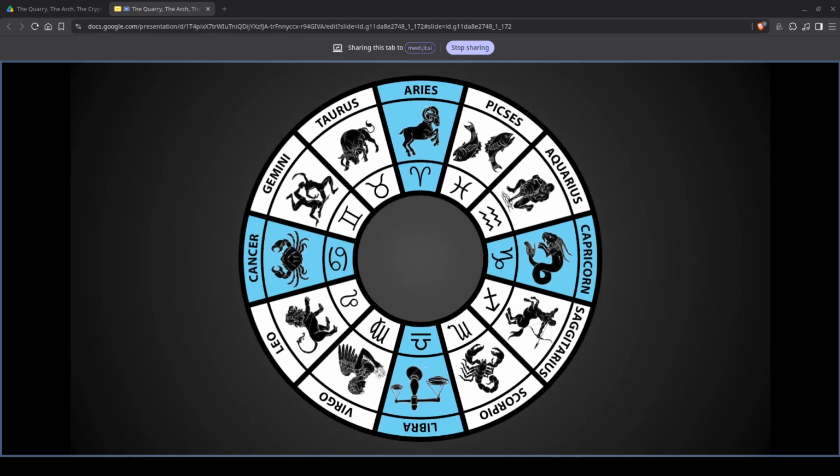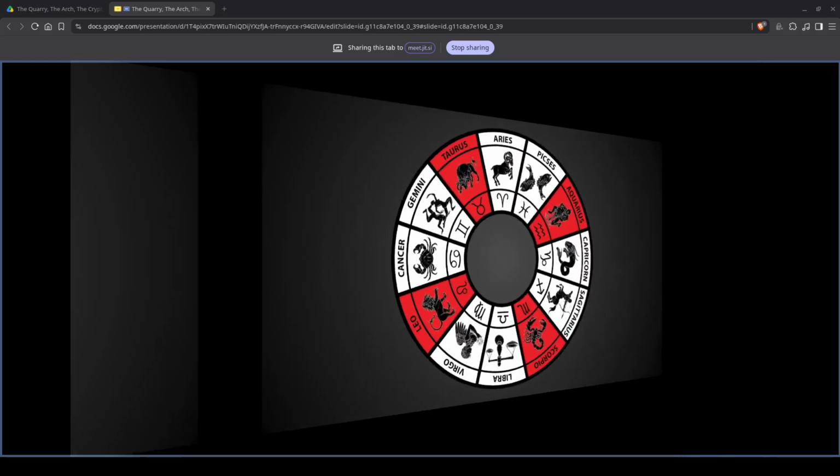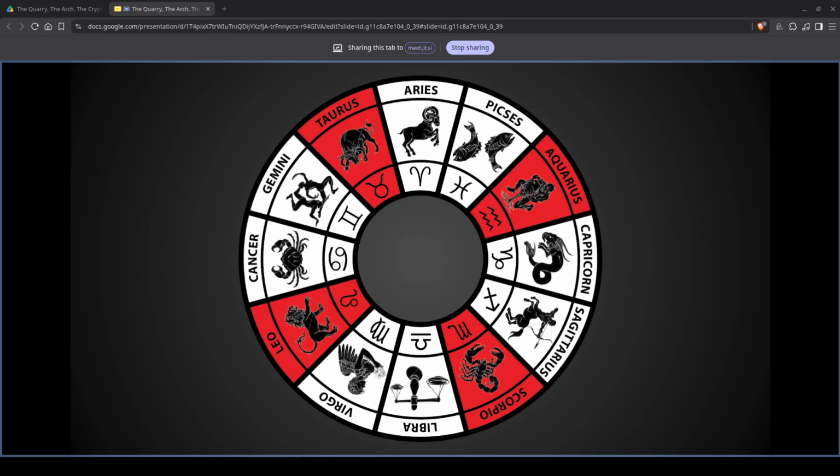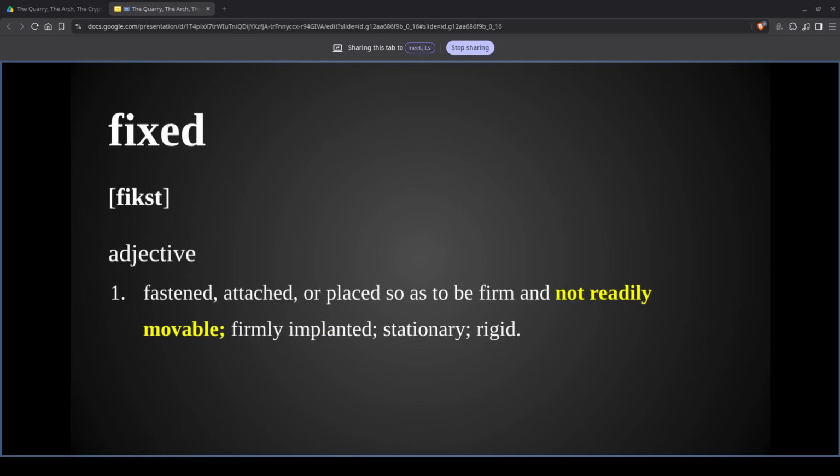So we discussed the cardinal signs of the zodiac in our last presentation. This time we're going to move on to the fixed signs of the zodiac. Anybody know what fixed is all about? Nope. Okay. Fixed means that they are not movable.